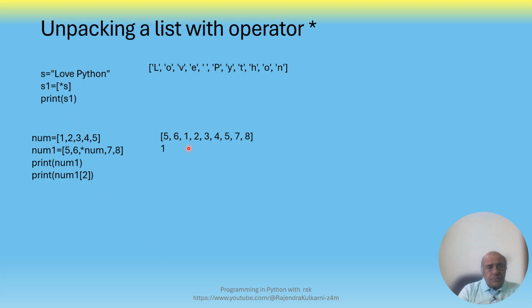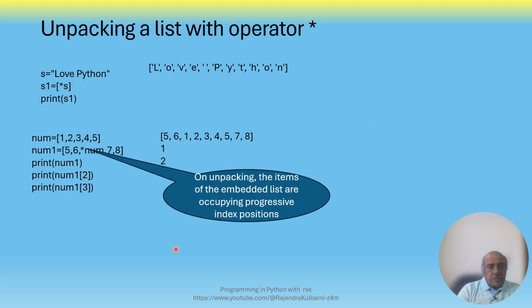Instead of that list appearing as one entity or one value in the list in which we have embedded it, it unpacks and occupies the items with progressive index positions in the embedded list.